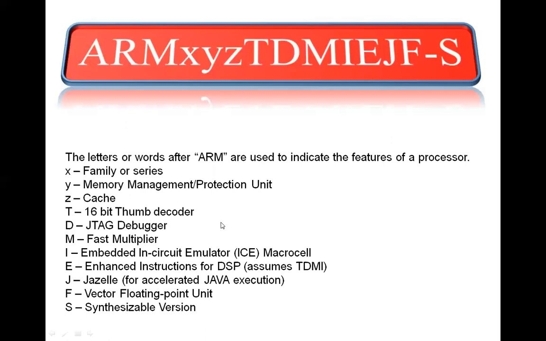X is the family or series, Y is used for the memory management and protection unit, Z is the cache, T is the 16-bit Thumb decoder, D is the JTAG debugger, M is the fast multiplier, I is the embedded in-circuit emulator or micro cell, E is enhanced instructions for DSP, J is the Jazelle mode for accelerated Java execution, F is the vector floating point unit, and S is the synthesizable version.